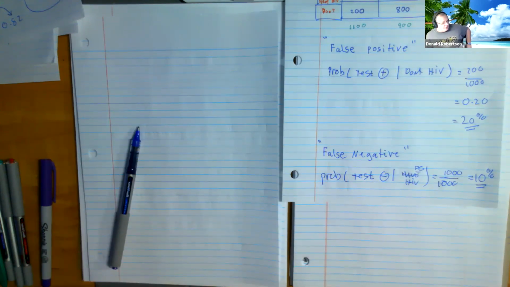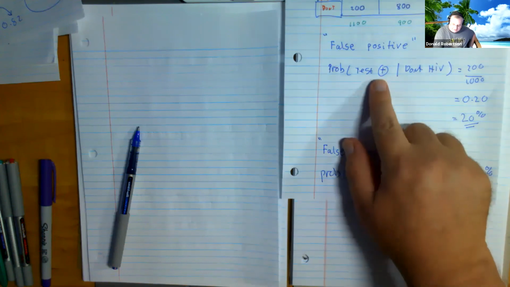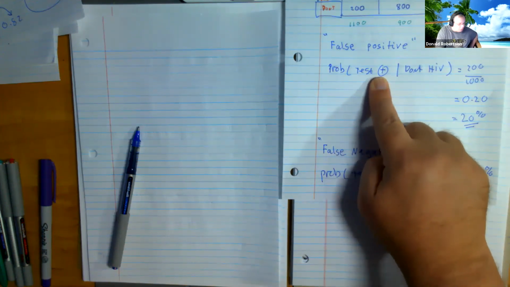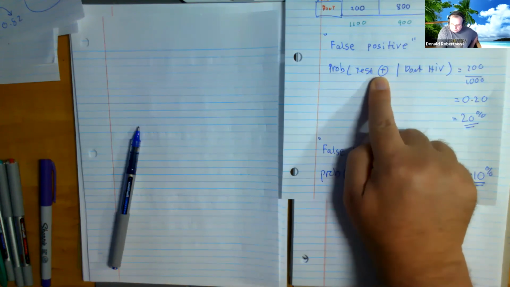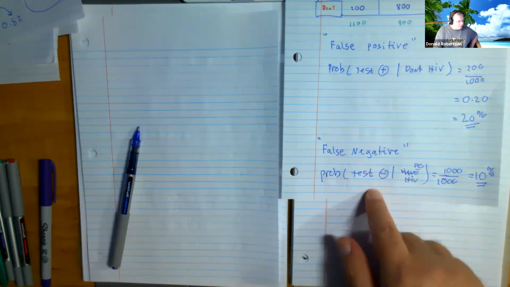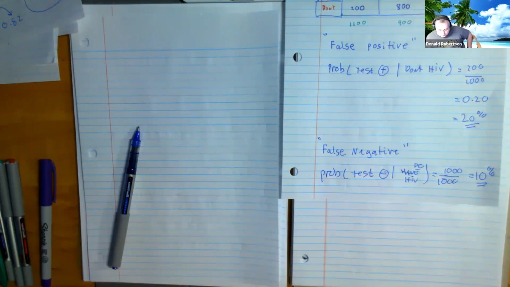Now, both of these are actually errors, right? They are mistakes. You said something that wasn't true. Here, 20% of the people you said tested positive, 20% of the people you said had HIV didn't. And here, 10% of the people who you tested who said they didn't have it ended up having it.